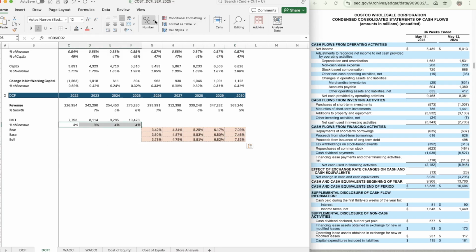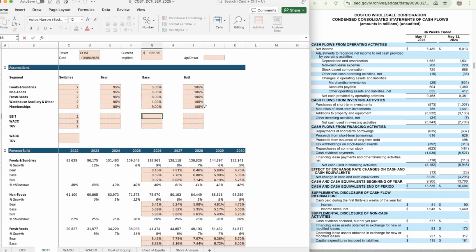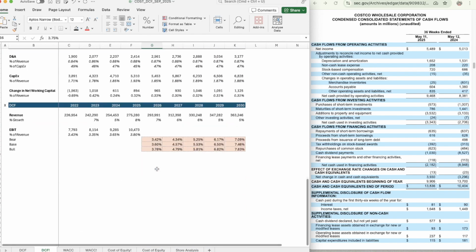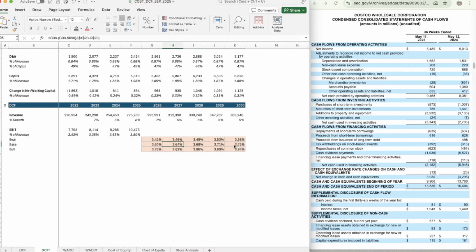Just get a bit more visibility on. Okay, let's put it at 3.75, the EBIT. That's, what is it, G16. Oh, perfect, yeah, it's done.